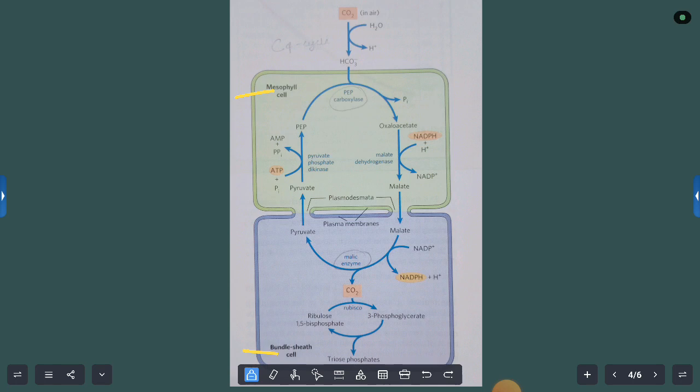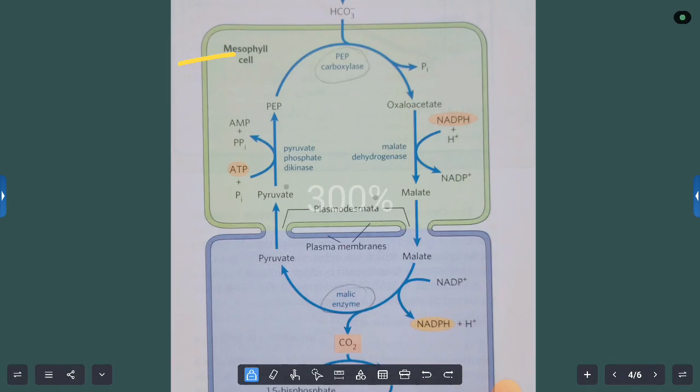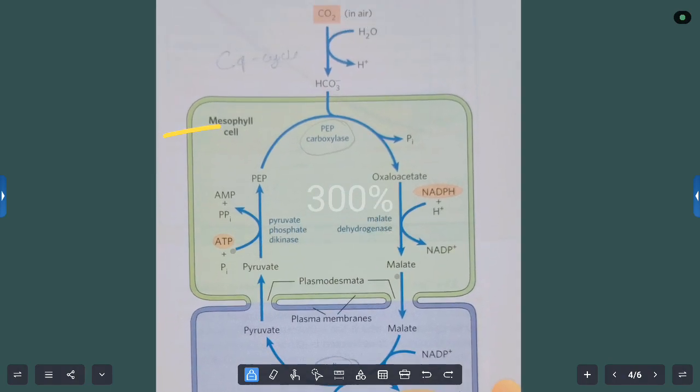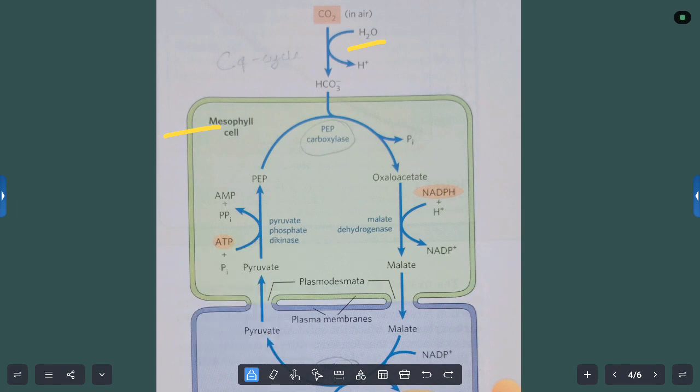In the C4 cycle, carbon dioxide from the air is taken inside the leaf through stomata, and when it comes in contact with water, it is converted into bicarbonate, HCO3 minus, and phosphoenol pyruvate.